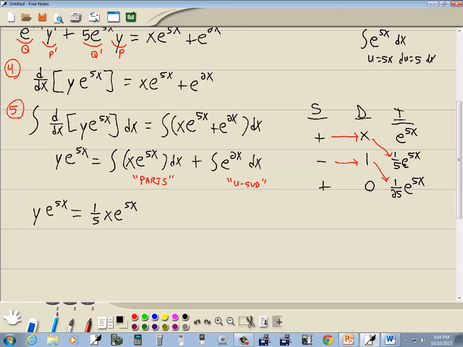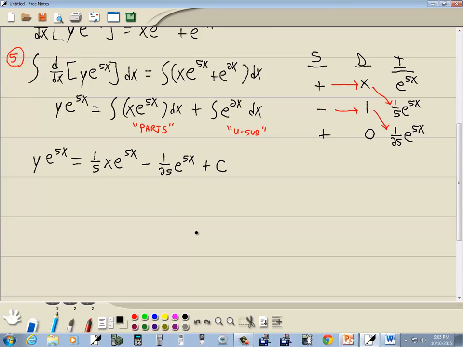Positive times the x times this. Okay, and then I take this times this times this. Well, negative times a 1 is a negative 1, times 1/25 e to the 5x gives us minus 1/25 e to the 5x. This one just drops away because plus times 0, 0 times anything is 0. But then we have to throw our c on.